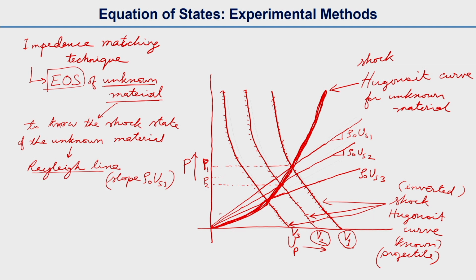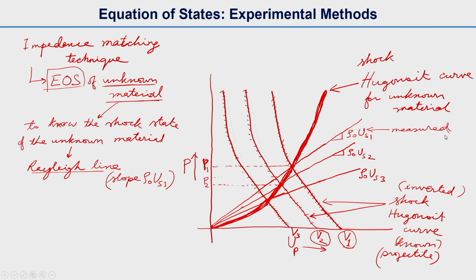Now we have drawn three straight lines corresponding to each of these impact velocities, with slope density multiplied by US1, the shock wave velocity, which can be measured.